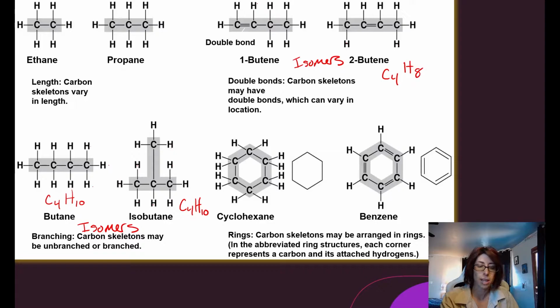You also have cyclohexane and benzene. Those 2 molecules show you that hydrocarbons can form not just branches, but rings. So you can get hydrocarbon ring structures. And a note, these are all fuels. Hydrocarbons are energy packed. There's a lot of energy contained in the bonds between carbon and also between carbon and hydrogen.